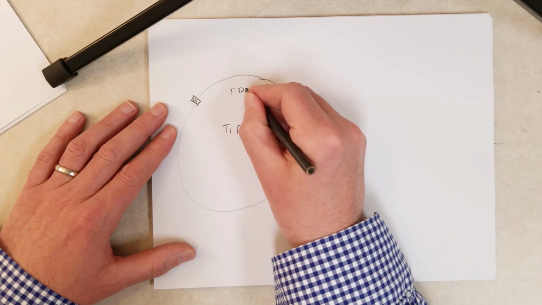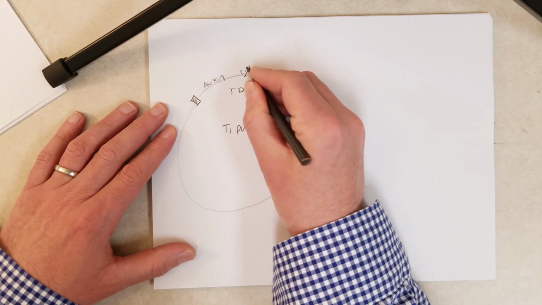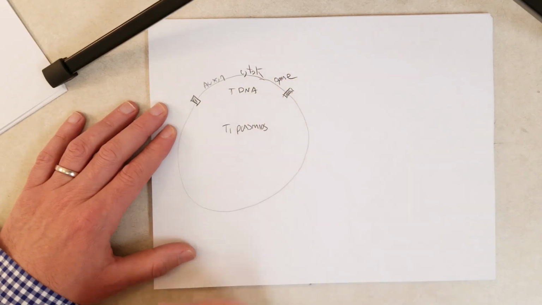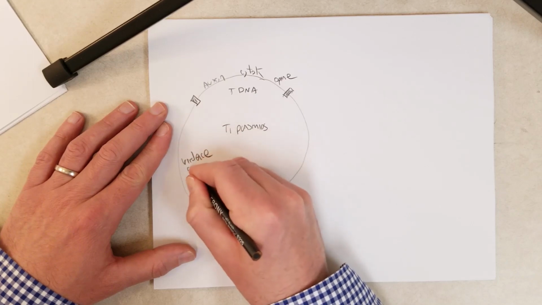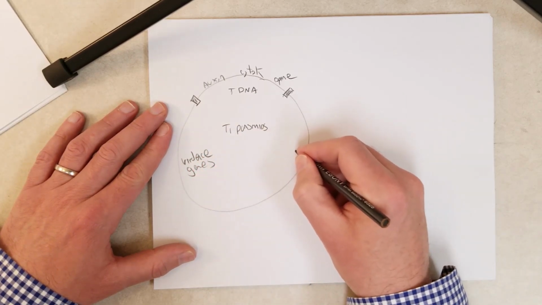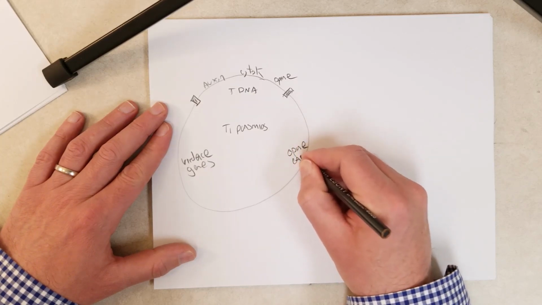So if this is the tDNA region with auxin and cytokinin and the opine genes, and over here are the virulence genes, and over here, what did we say, were the opine catabolism, right?